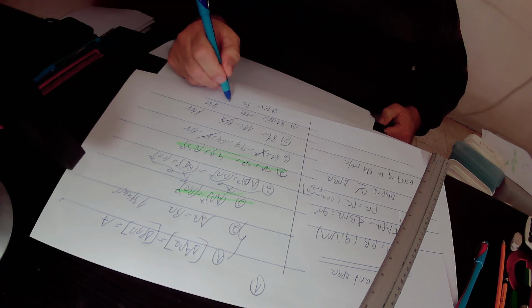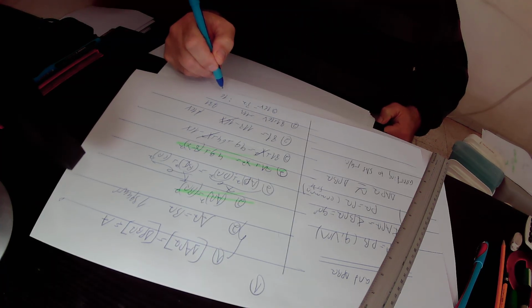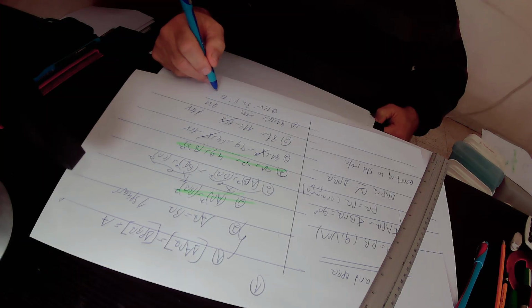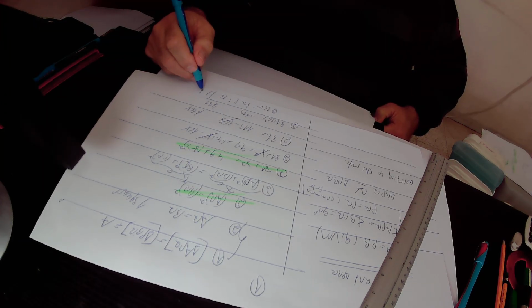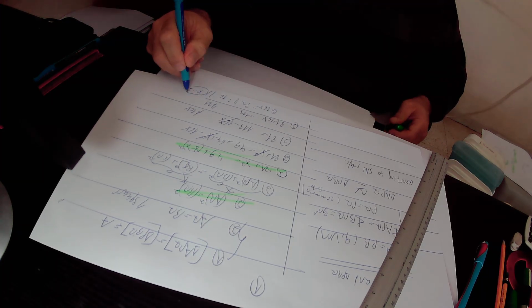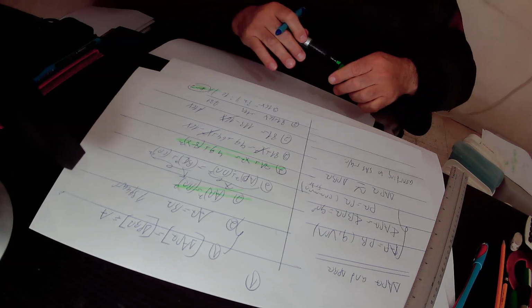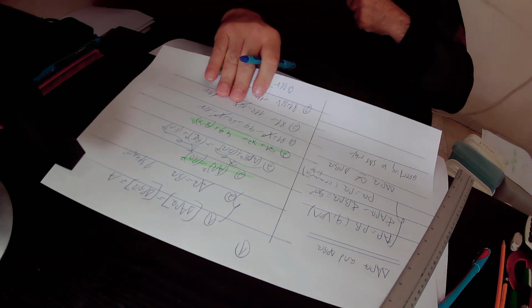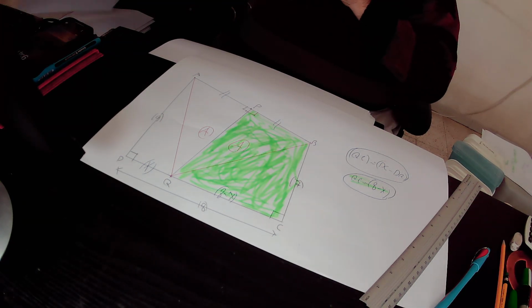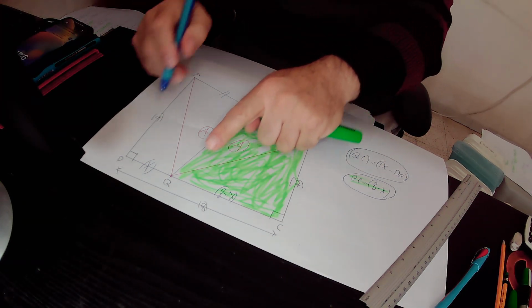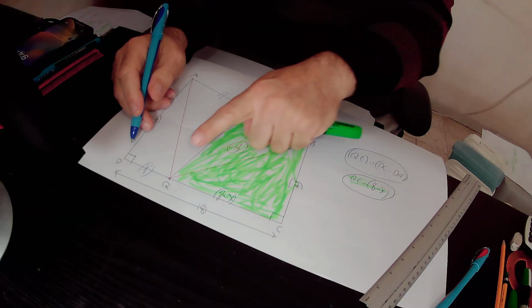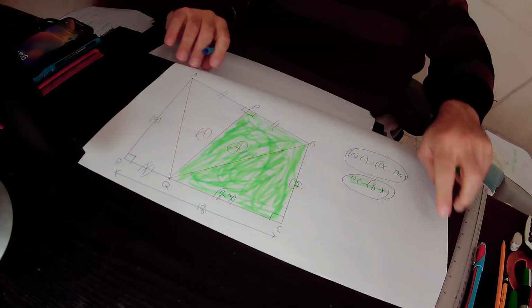Here we divide the equation by 16, and we get x equals 32 over 16, which is 2. So x equals 2 units. DQ equals x and x equals 2, that is to say DQ equals 2.